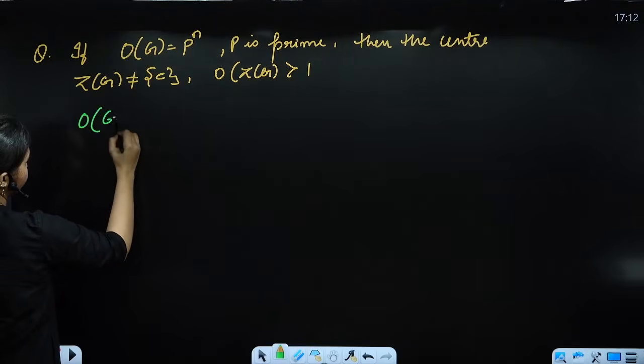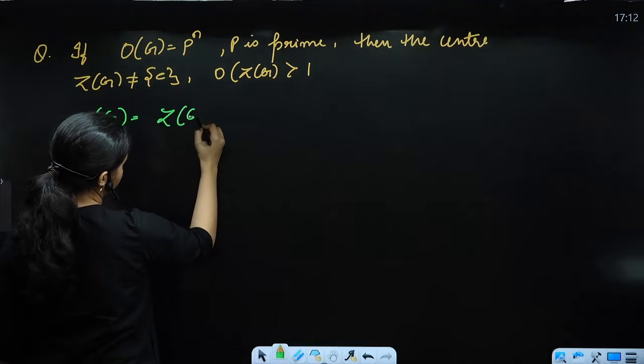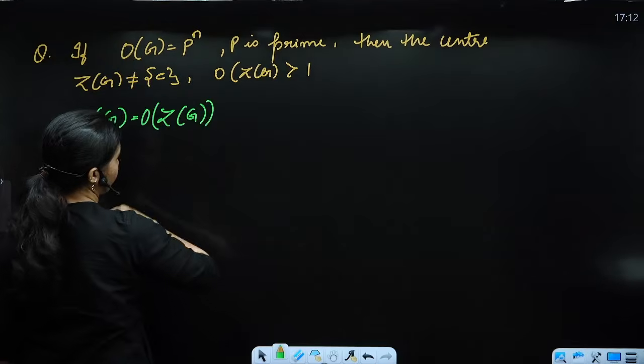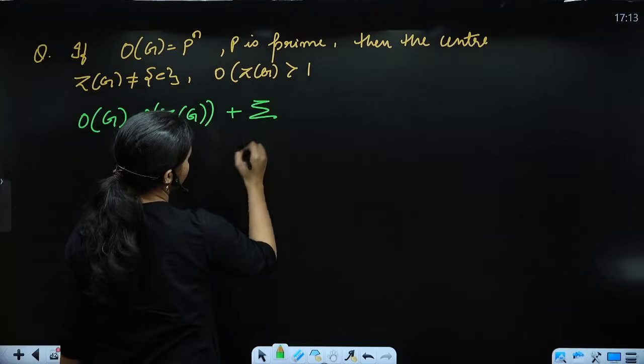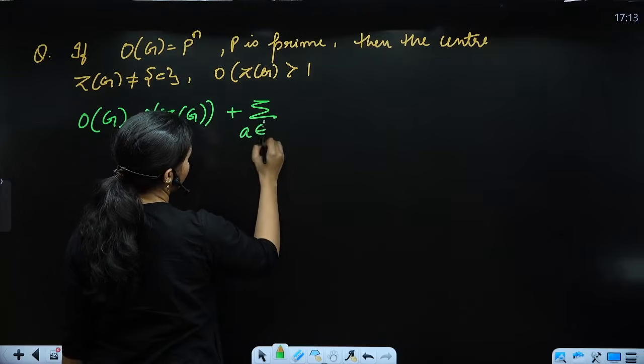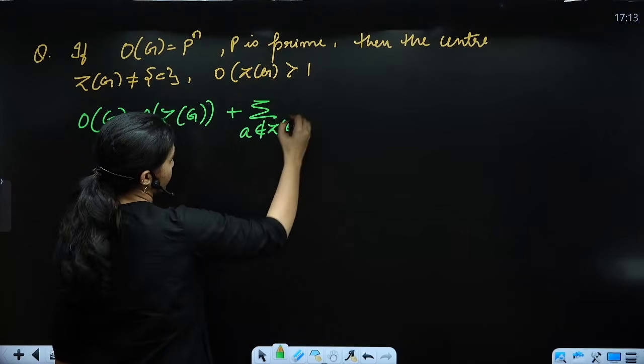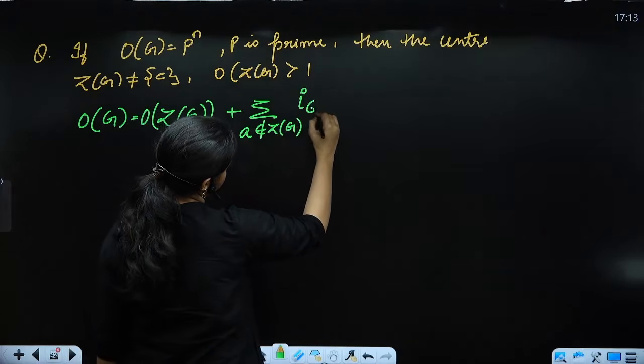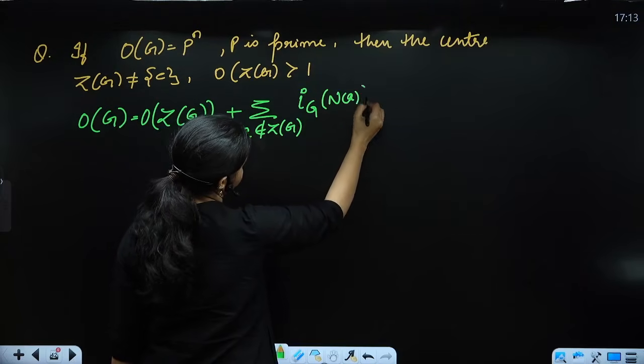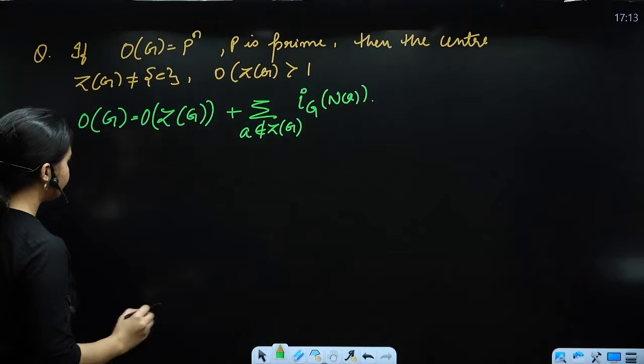Order of G equals to order of ZG, right, plus summation of A does not belong to ZG, right, index of NA. Clear?